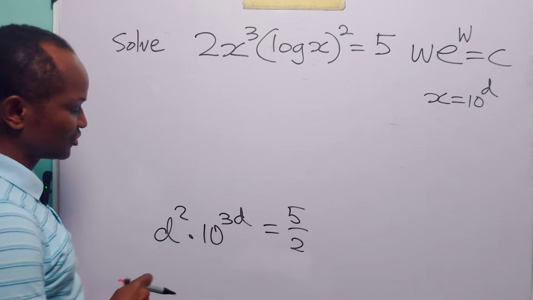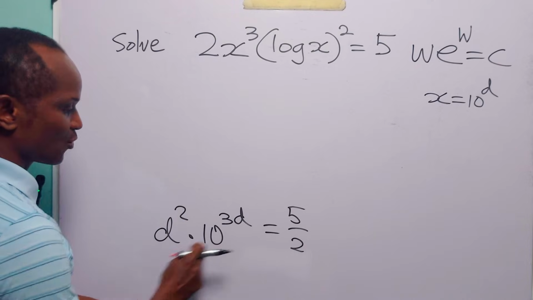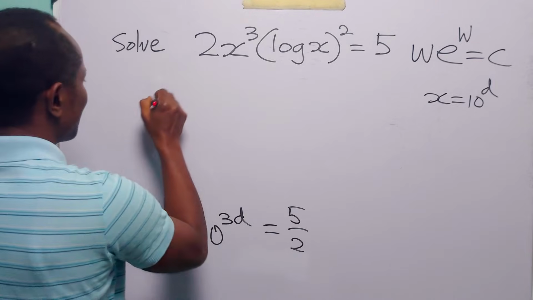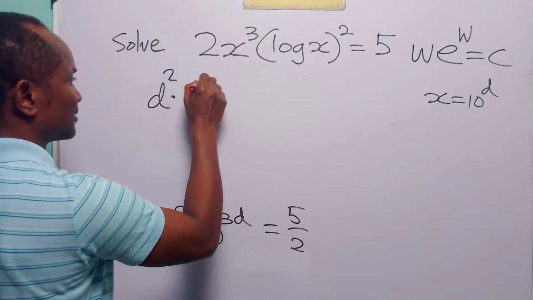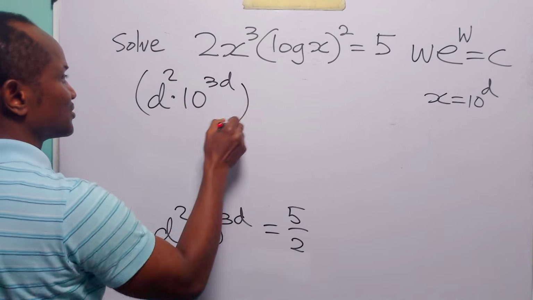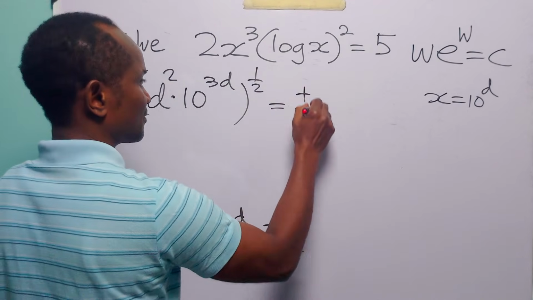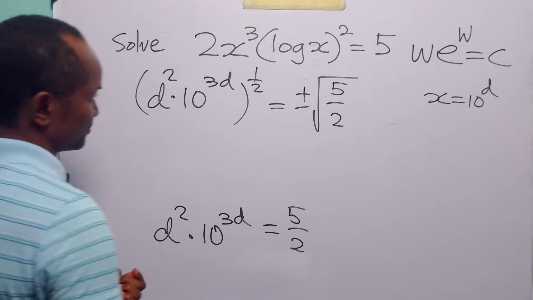Now, the next thing we are going to do is to get rid of this square. And how are we going to do that? We are going to take square root of both sides of the equation. So we have d squared times 10 to the power 3d, all to the power half, is equal to plus or minus the square root of 5 over 2.